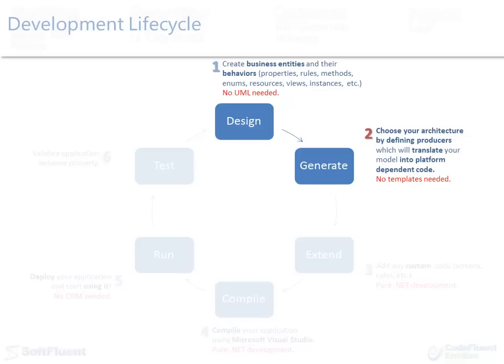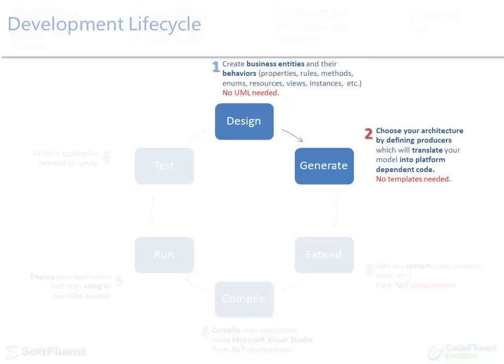So for instance, if you add the SQL producer to your project, it will translate this model into one table per entity, properties will become columns, methods will become stored procedures, and instances actual lines of data. On the other hand, if you add the business object model producer, it will generate classes, properties, methods for each of your entities, and so on.